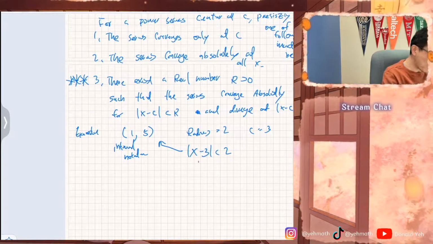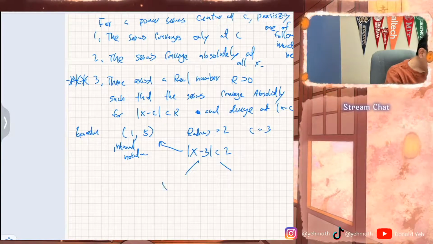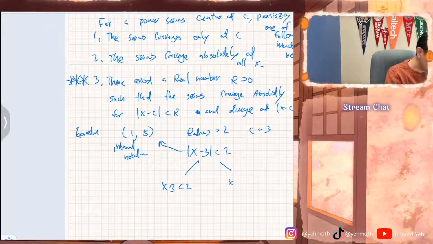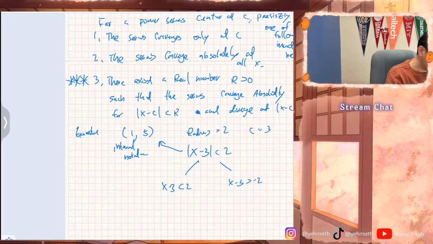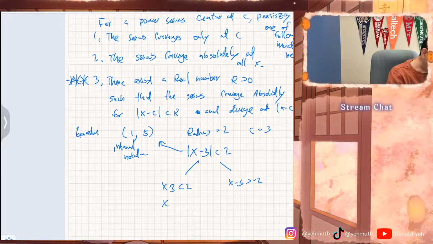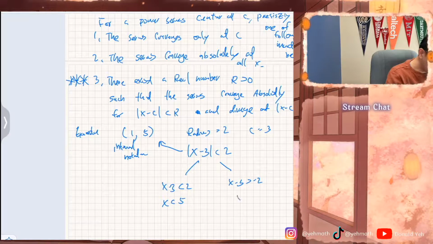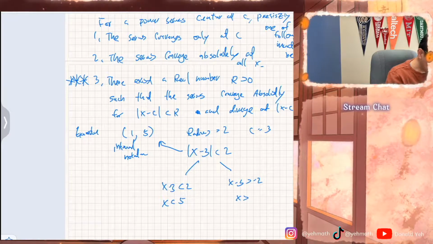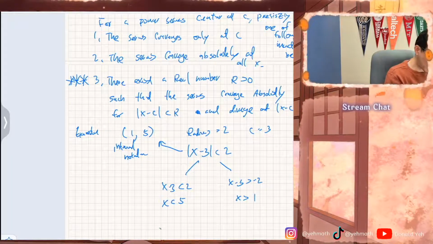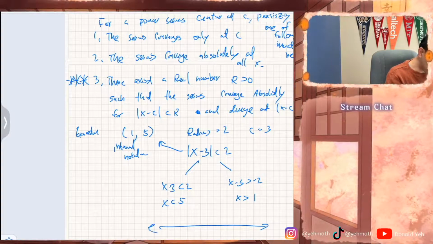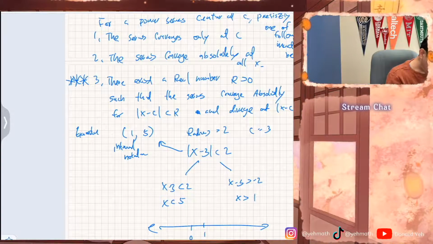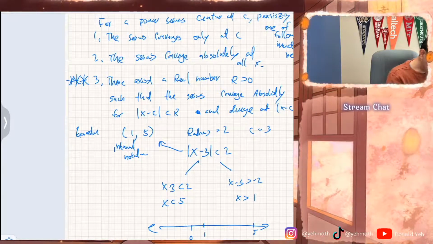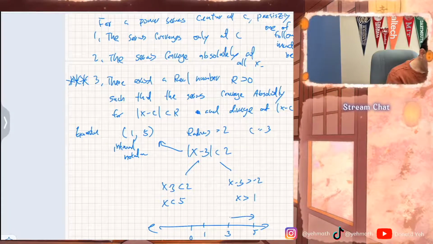If you want to solve this algebraic inequality, you get x minus 3 less than 2 and x minus 3 greater than negative 2. That gives x is less than 5 and x is greater than 1. So the interval of convergence goes from 1 to 5, with the center at 3. 3 goes to here, 3 goes to here.